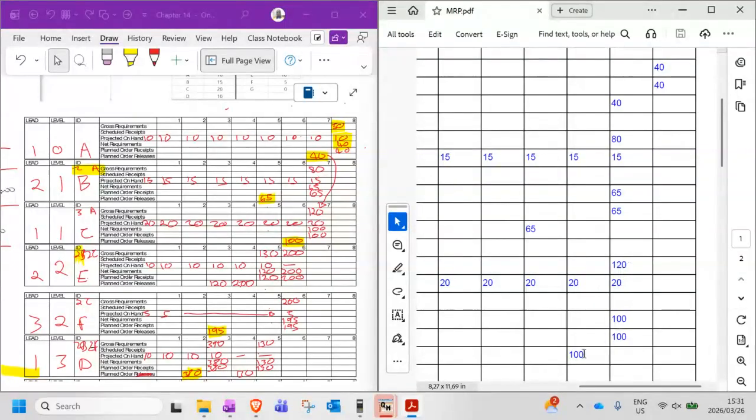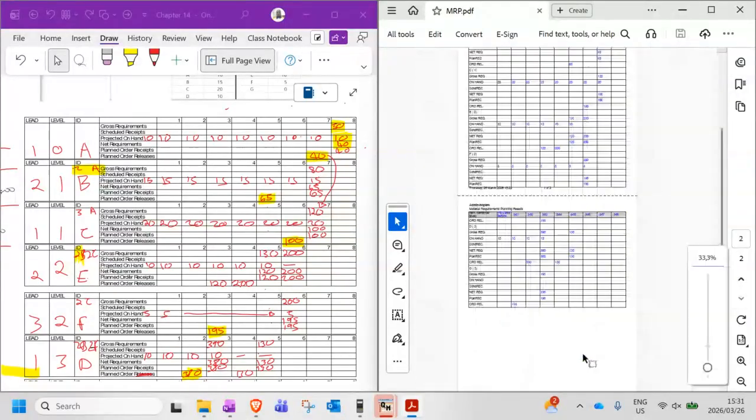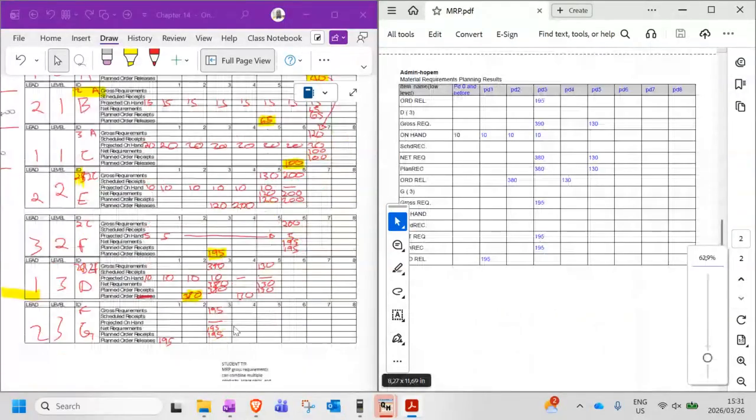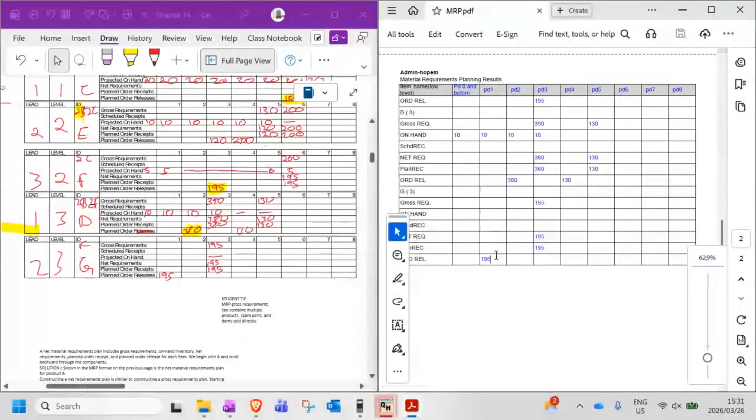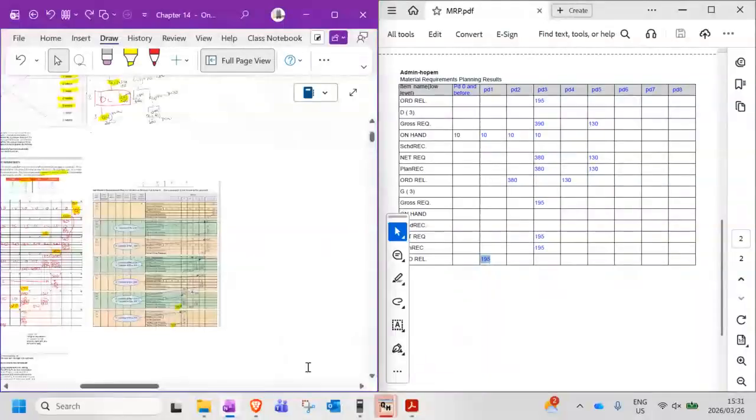Then you place an order of 100. So this is actually correct. At the end there, we have 195. That's why I always look at the end there. You have the 195. Okay.